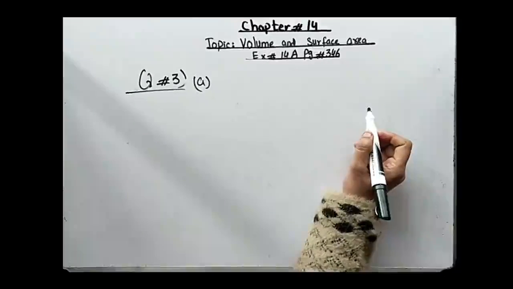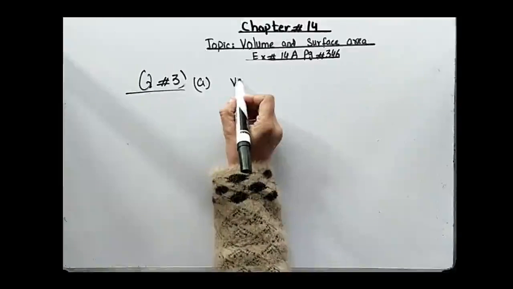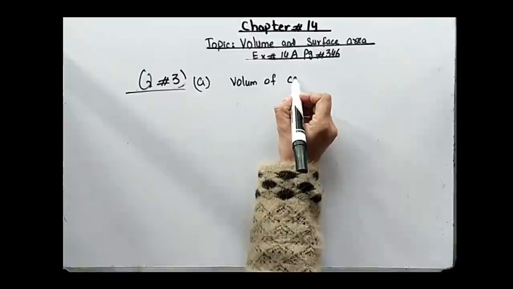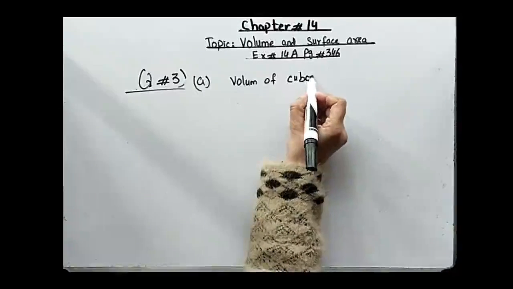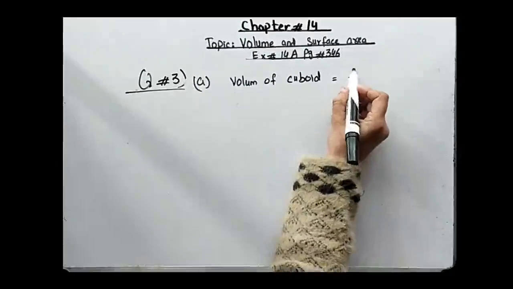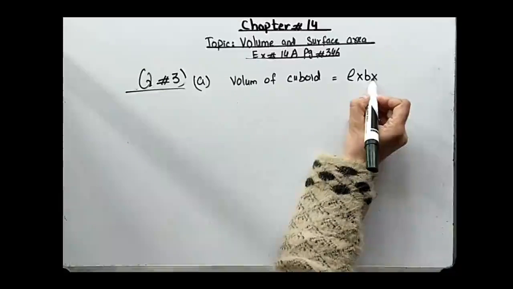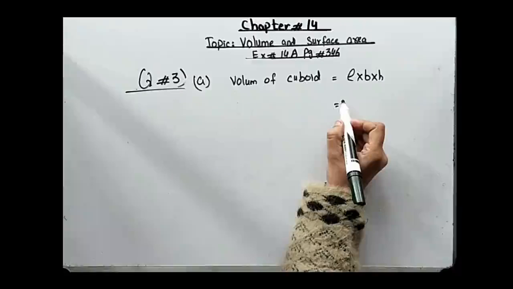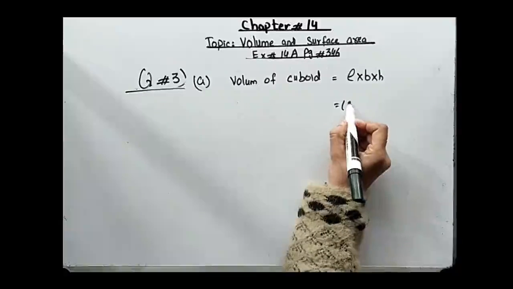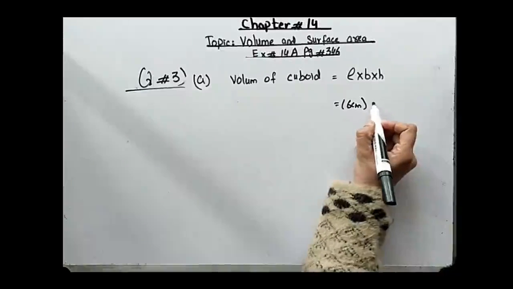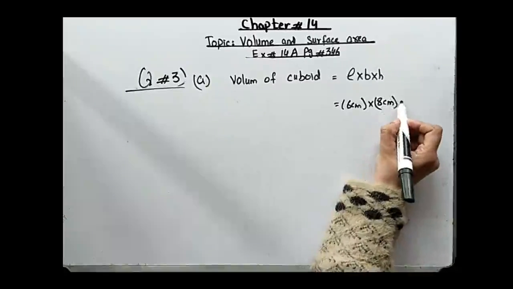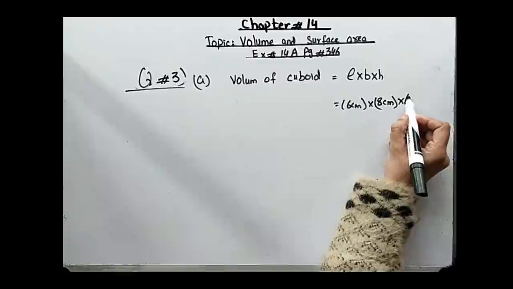Now the volume of cuboid is equal to length multiply breadth multiply height. So length is equal to 6 centimeter, multiply breadth is equal to 8 centimeter, then multiply height is equal to 10 centimeter.